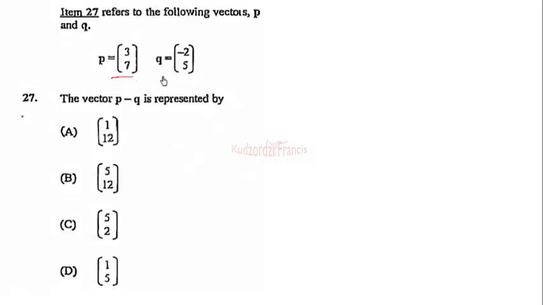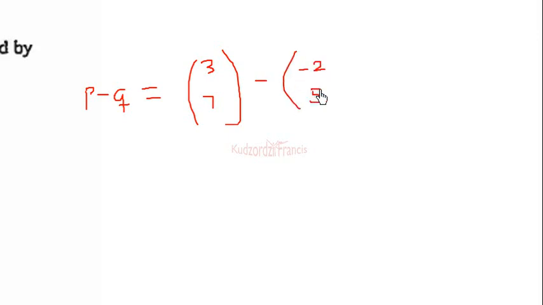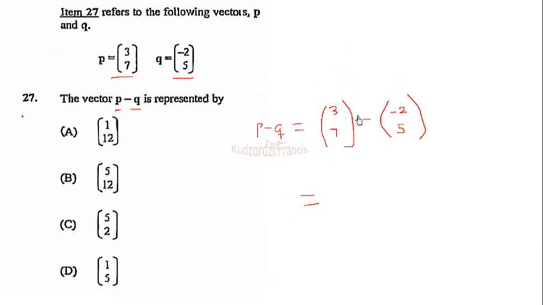So we have this one, the given vectors, and we want to find p minus q. So we just have to substitute the vectors. So p is giving us 3, 7, and q is negative 2, 5. So let us do the subtraction.